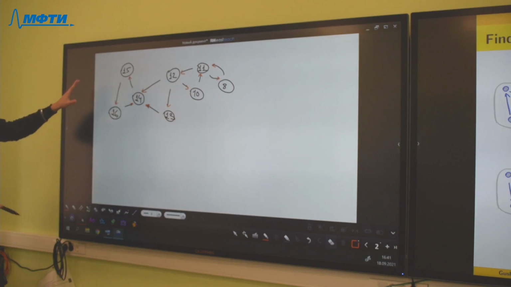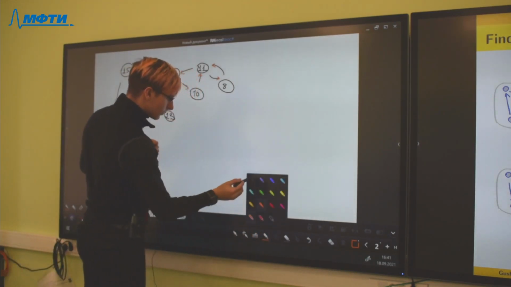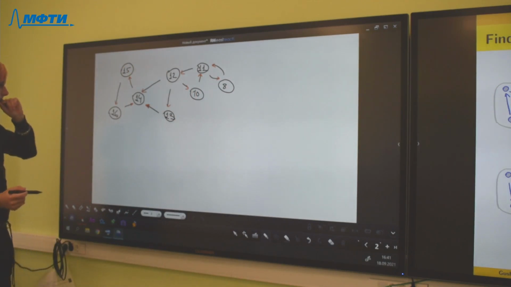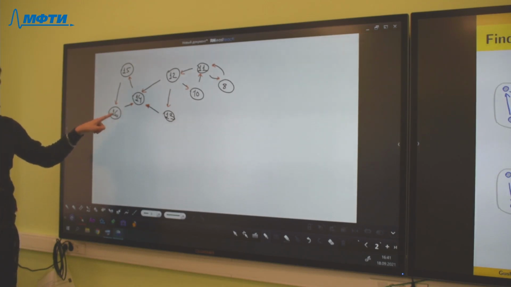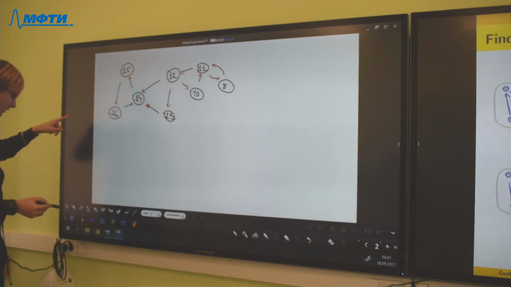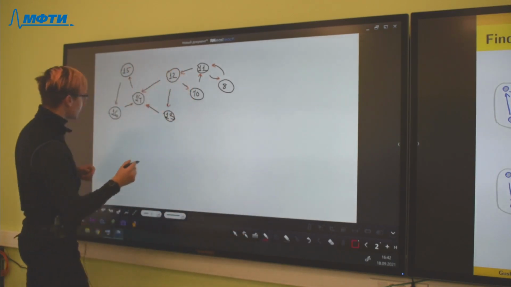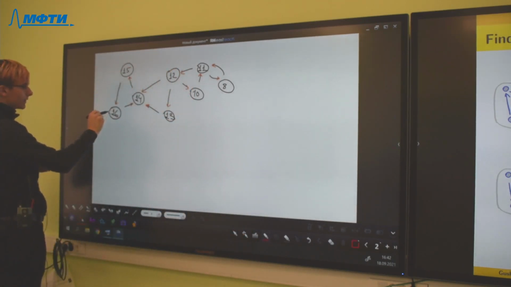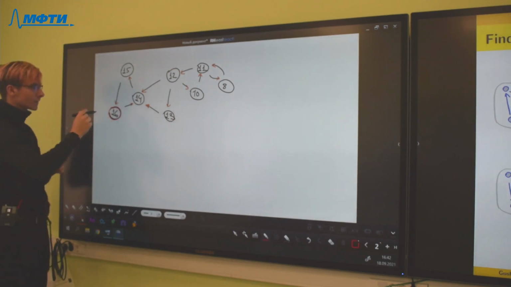Then we see, okay, we have 16 as the biggest number of these vertices. And then we start from this point our first strongly connected component in the graph.